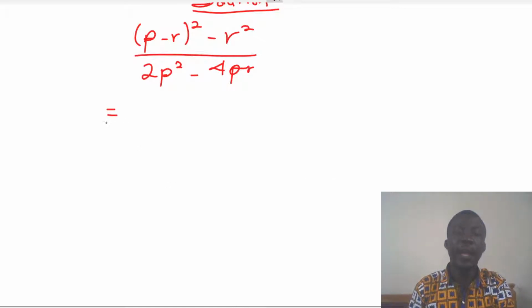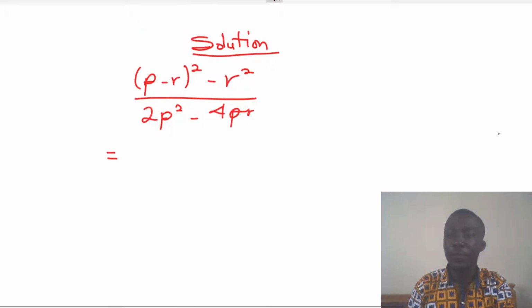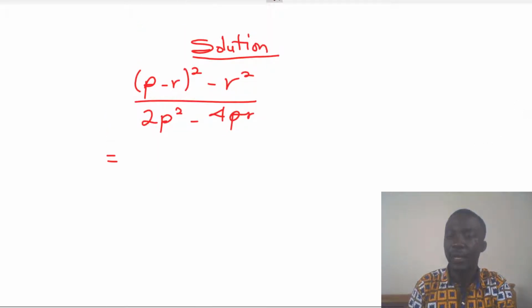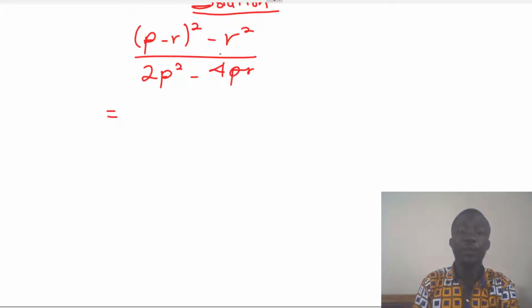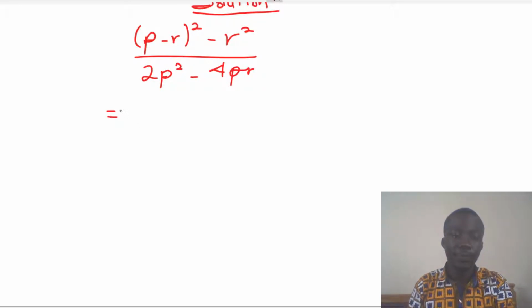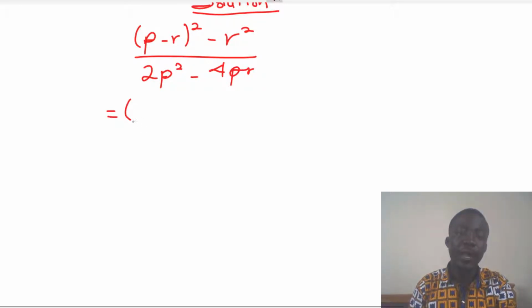In simplifying the numerator, we can recognize difference of two squares here. So we just factorize as p minus r.